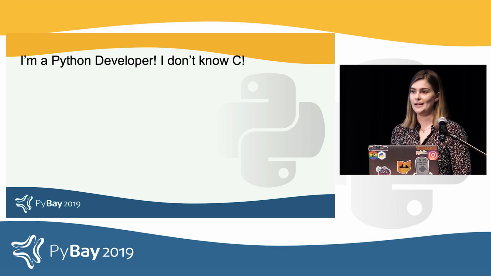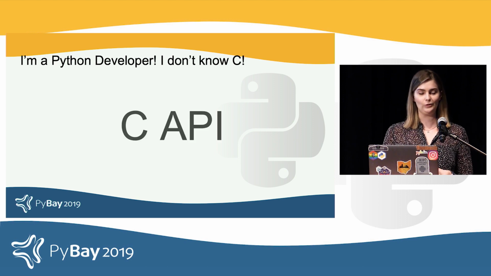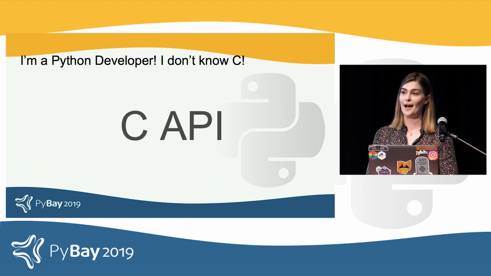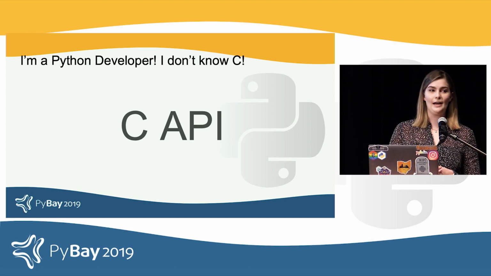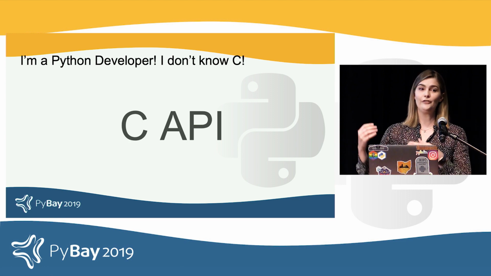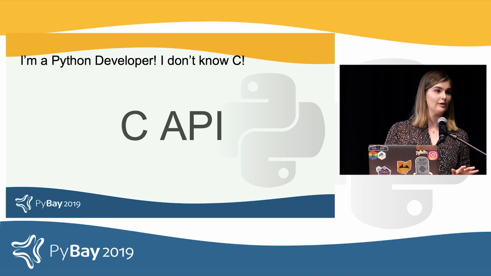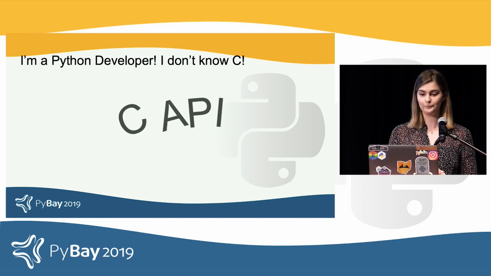You don't know C, you don't necessarily understand the whole back end of Python, but Python has given you a wonderful little tool called the C API. So the C API allows us to make CPython calls fairly simply. And there's a few calls you'll need to know, and it will be all the C code you ever need to know for the rest of your life.